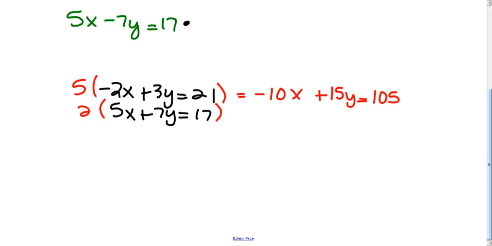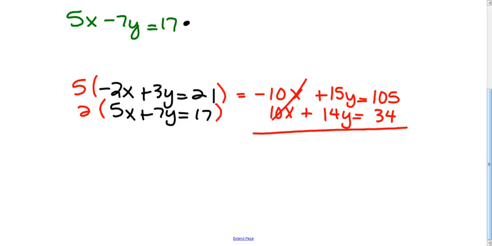When I multiply the bottom equation by 2, I get 10x minus 14y equals 34. Now I'm going to add those equations together. When I add 15y and -14y, I get 29y, and when I add 105 plus 34, I get 139.